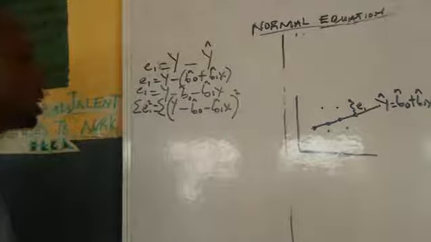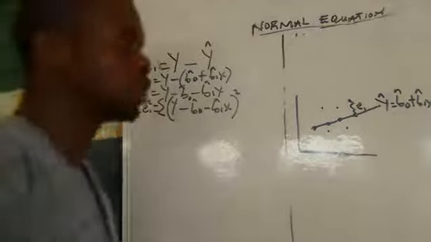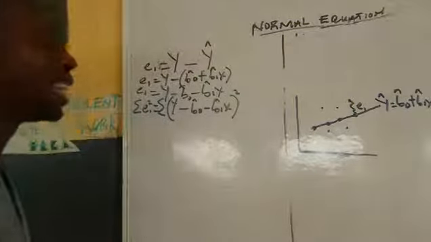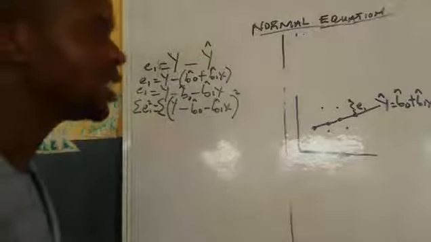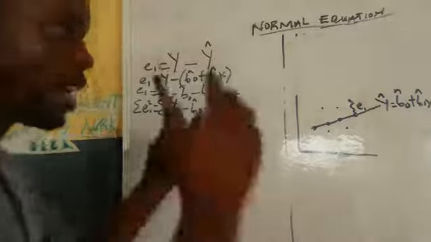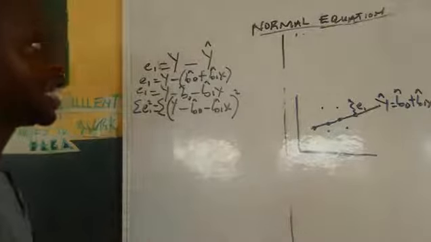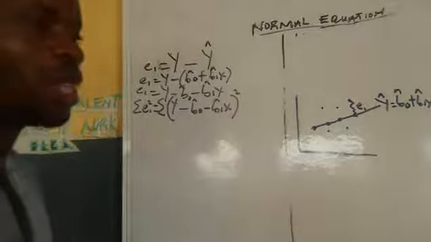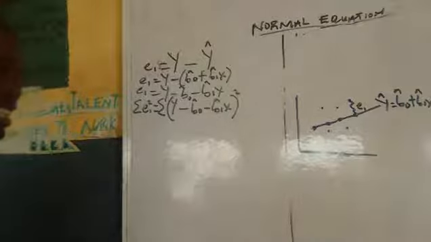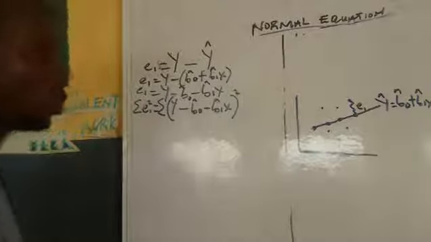We are trying to minimize, so we take the least square. We've squared all the deviations, but we are taking the least of them, which means we are minimizing. That is where the name least square method comes from.